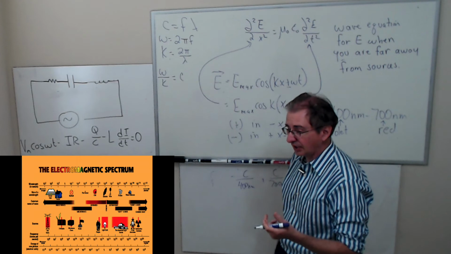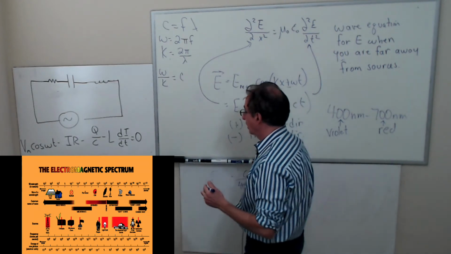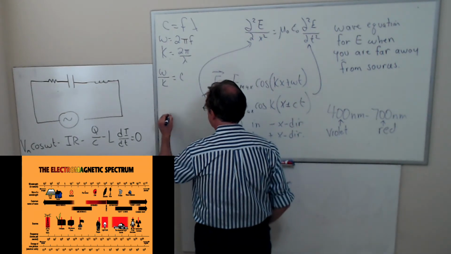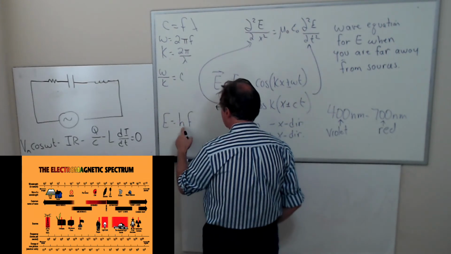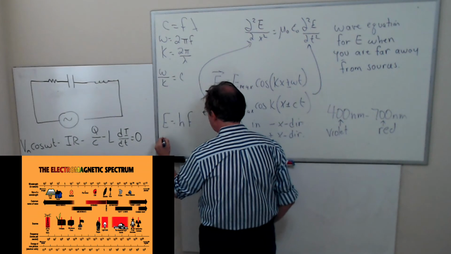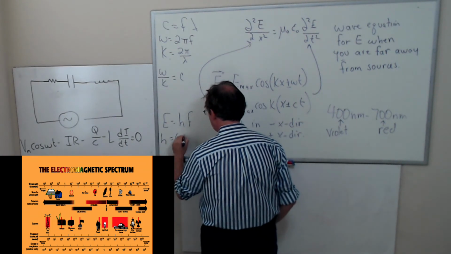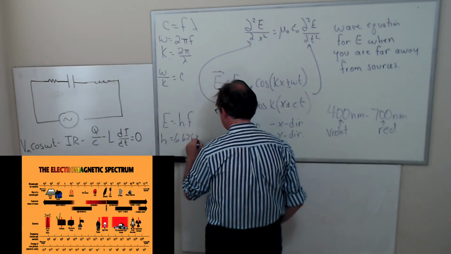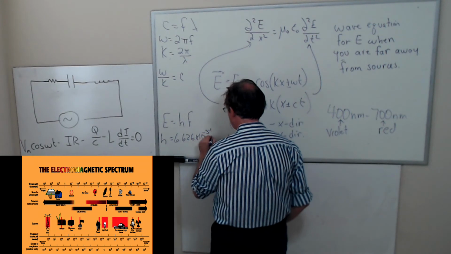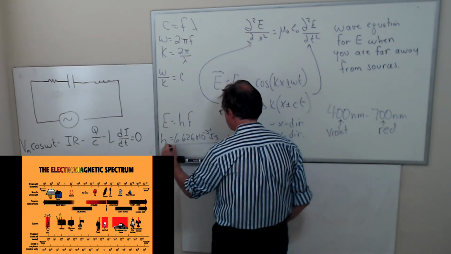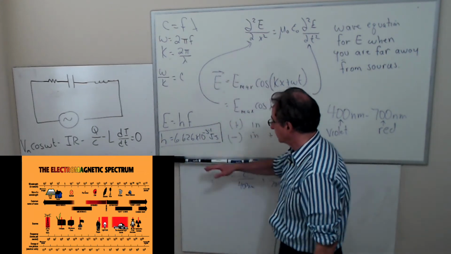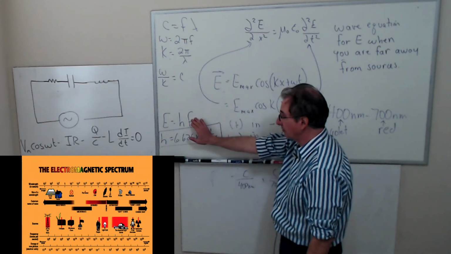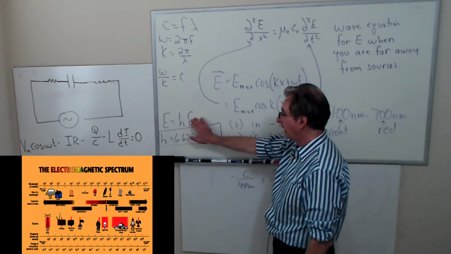And these photons have energy h times frequency, where h is called Planck's constant. h is 6.626 times 10 to the minus 34 joule seconds. It actually has units of angular momentum. So the energy of a photon is given by this value.